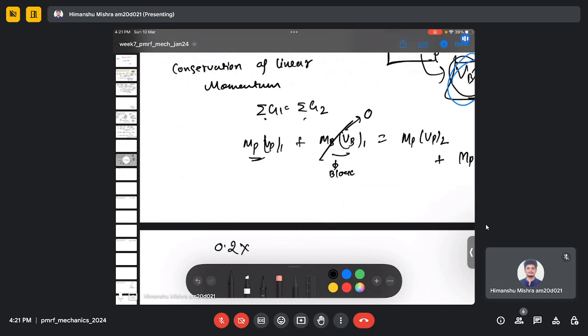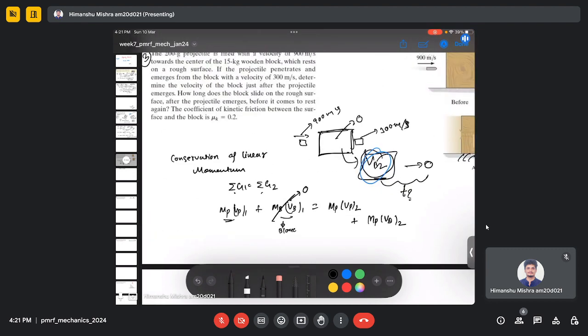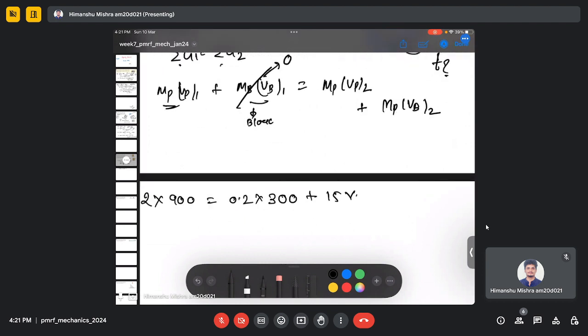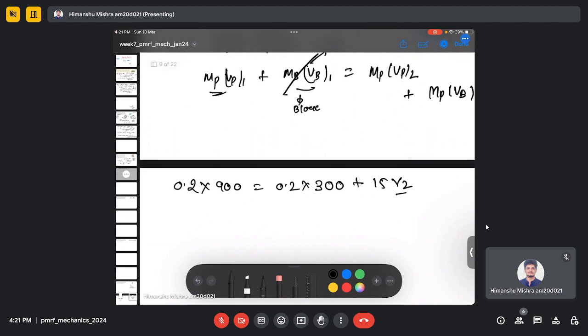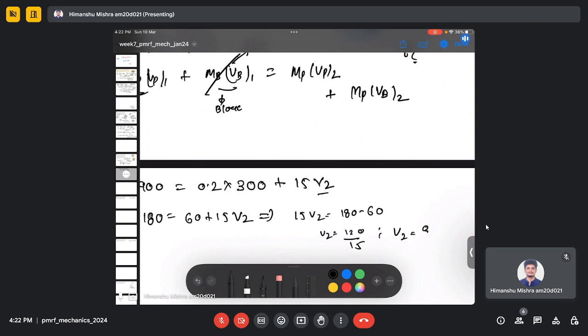So it will be 0.2 multiplied by the initial velocity of the bullet, which is 900, equals 0.2, which is MP, times the final velocity of the bullet, 300, plus the mass of the block, 15, times my final velocity of the block. So my final velocity is 8 meter per second.